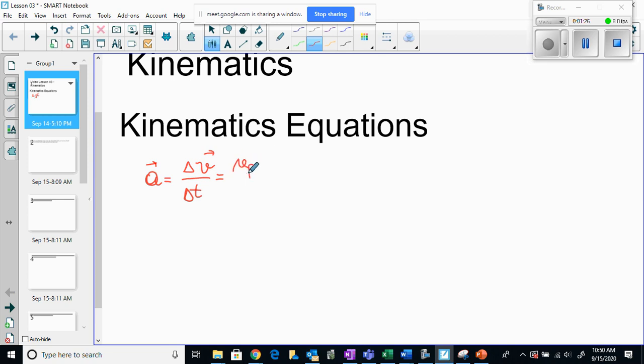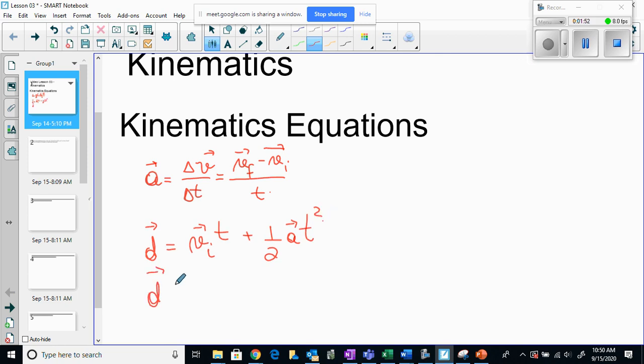So it's v final minus v initial over time. Then next one, displacement is equal to v initial t plus 1 over 2 a t squared. Next one is displacement is v final t minus 1 over 2 a t squared.